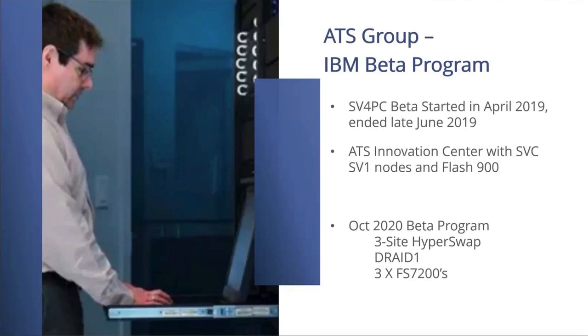As we go through this and you see the various flavors and capabilities, these are all things that we did in the beta program with IBM. So it's a really cool thing for us. At that time, we were running with an SVC, SV1 nodes and a Flash 900 for that particular beta program.